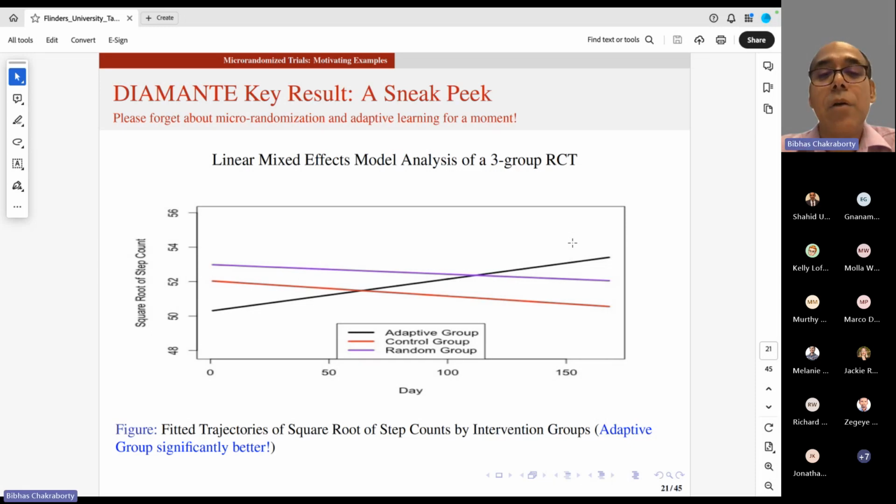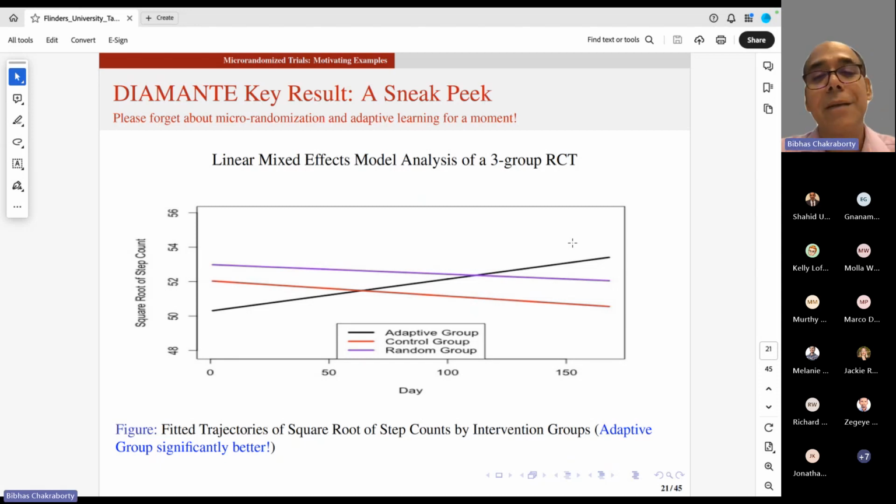How do the effects of these different intervention groups change over time? And what are we seeing? We are seeing that over time, for the control group and the random group, meaning the uniformly micro-randomized group, the number of steps is diminishing, is reducing over time.